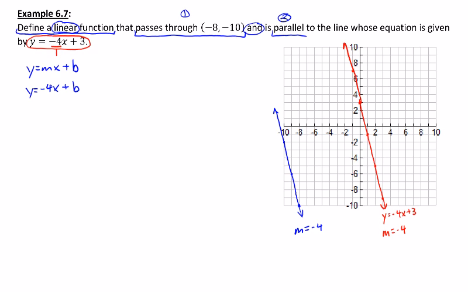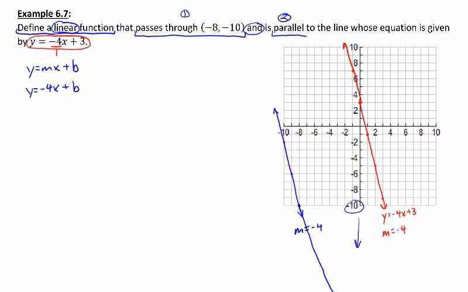However, if I was to continue this line on, eventually I would get to the point where I cross the y-axis, and it's going to be somewhere way down below -10. Now, I don't know exactly where it is, but we can calculate that.